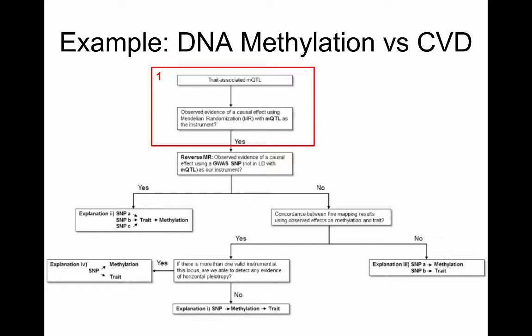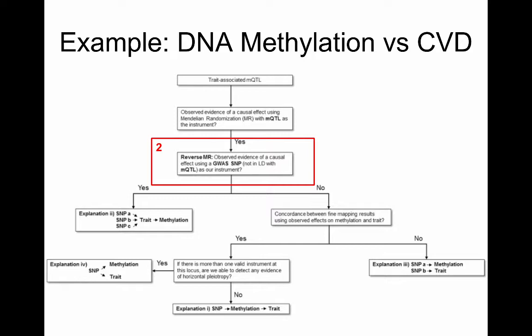But if they did, remember that this association actually can't be treated as causal because the exposure, in this case the MEQTL, is a SNP, it's randomly assigned. And the authors found such evidence for 10 MEQTL SNPs that they then took into the next step.